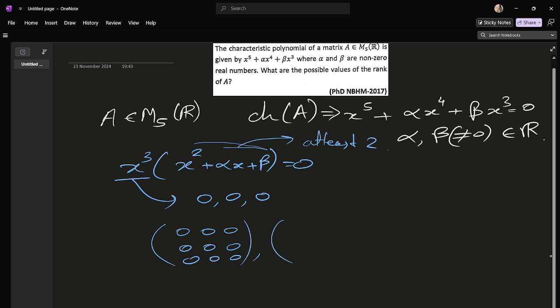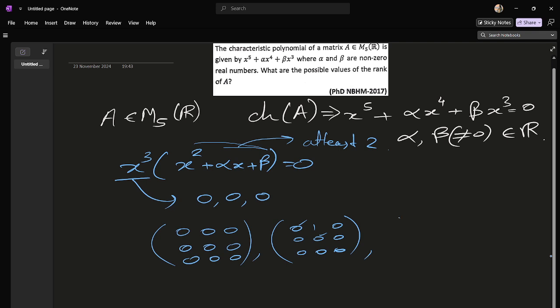In another case, this 0 and this 0 share the same eigenvector. So our algebraic multiplicity of 0 is 3, but our geometric multiplicity is 2. And in the null matrix case, the AM and GM are both 3.